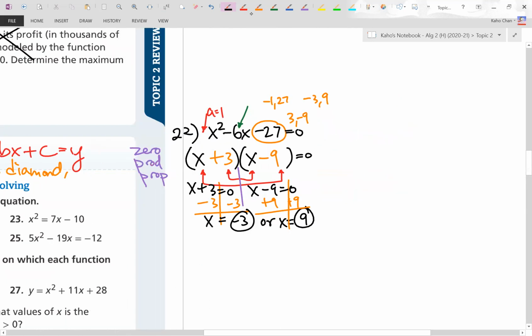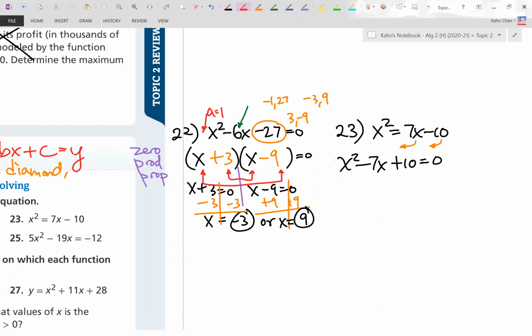Let's try number 23. X squared equals 7x minus 10. It's not in standard form. They're being a pain. Got to move the 7x over and the negative 10 over. Let's do the opposite. So when you do that, you'll get x squared minus 7x plus 10 equals 0. Ooh, a is 1, which makes my life easier.